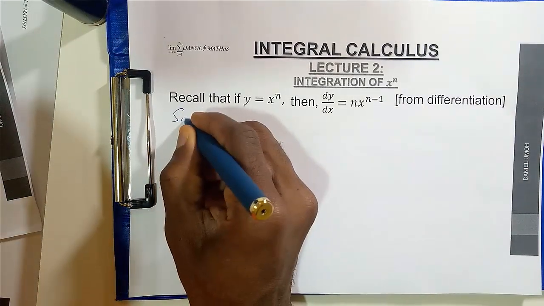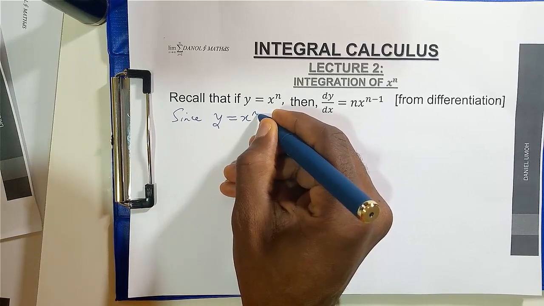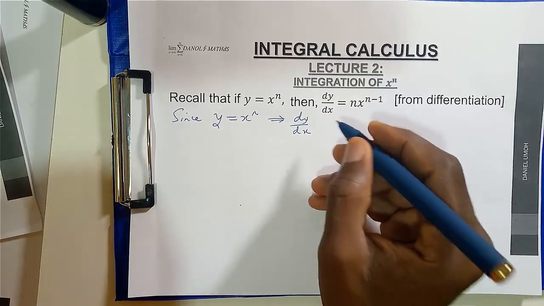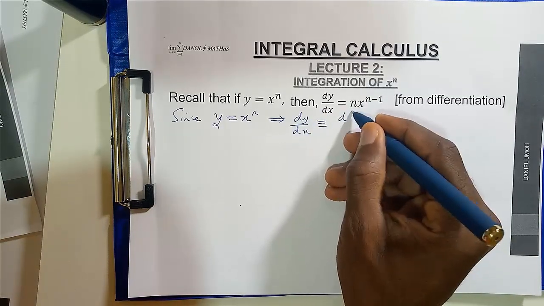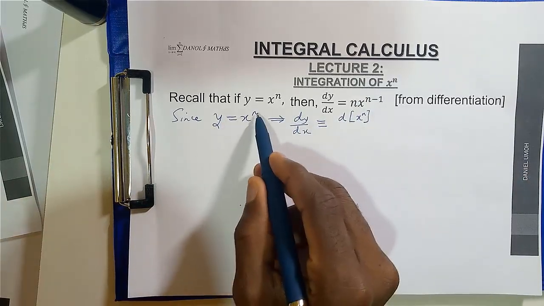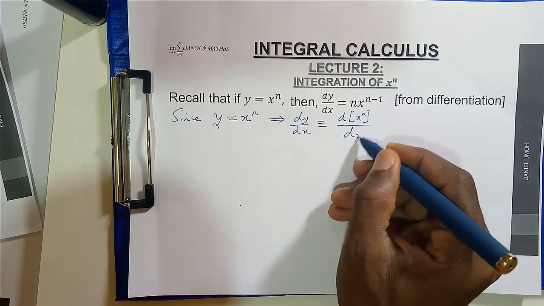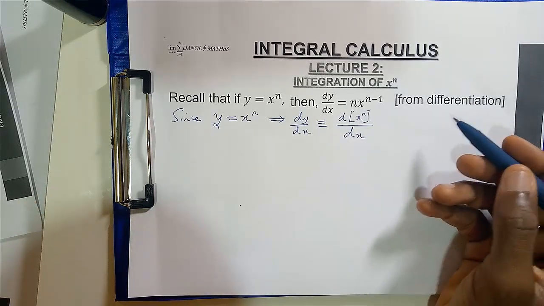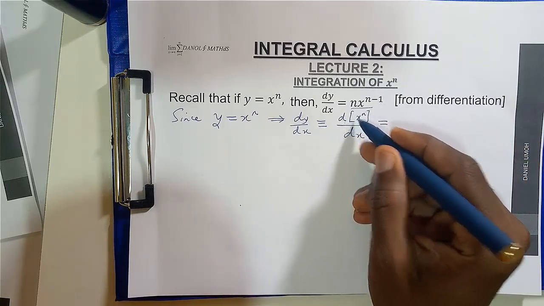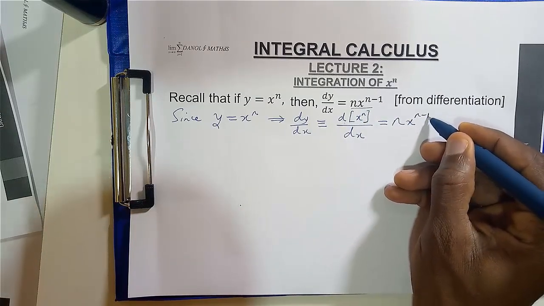Now, since we know that y is equal to x raised to the power of n, it means that dy over dx is the same thing as d of x raised to the power of n all over dx. And from the definition of differentiation, this gave us this, right? So that means d of x raised to the power of n over dx is equal to n x raised to the power of n minus 1.